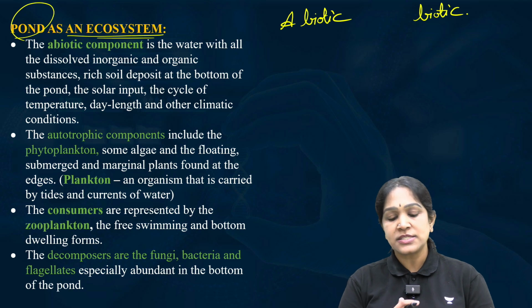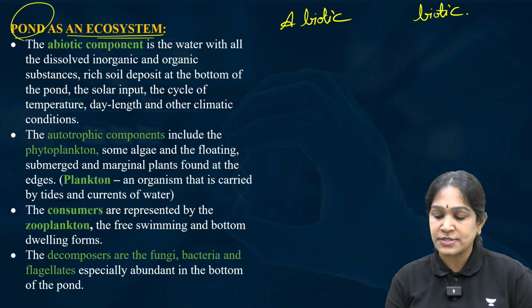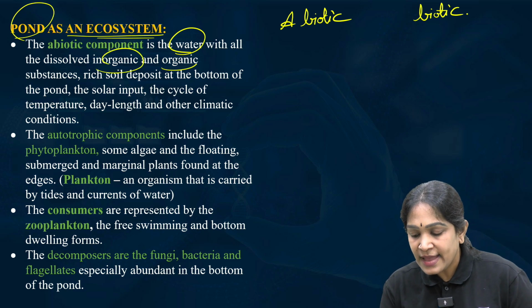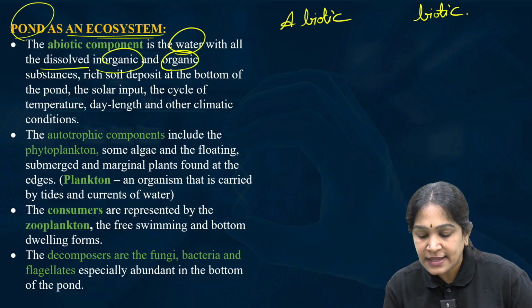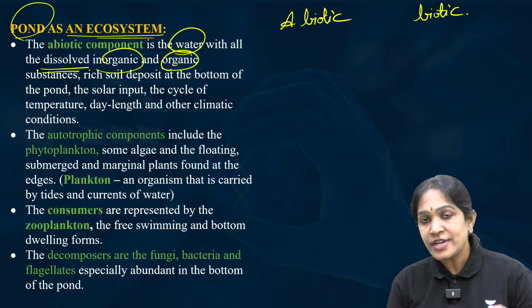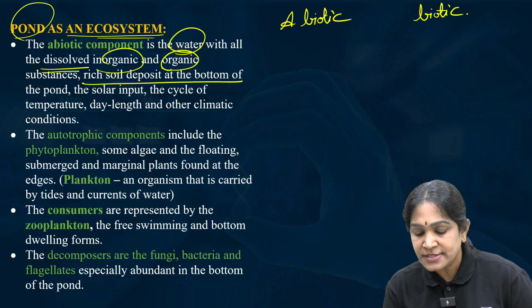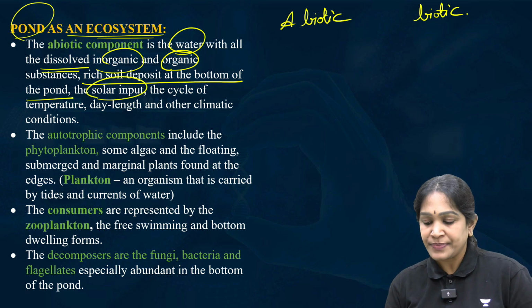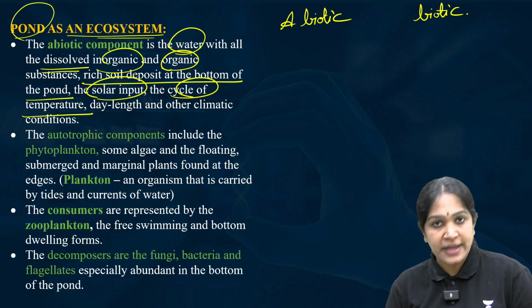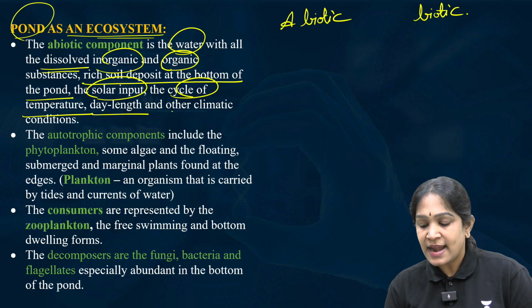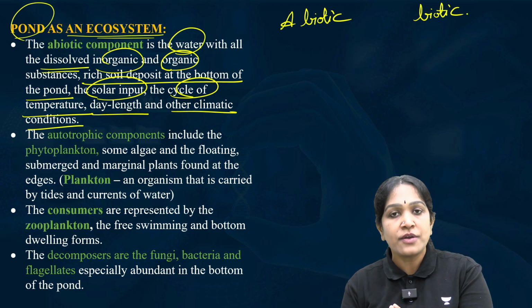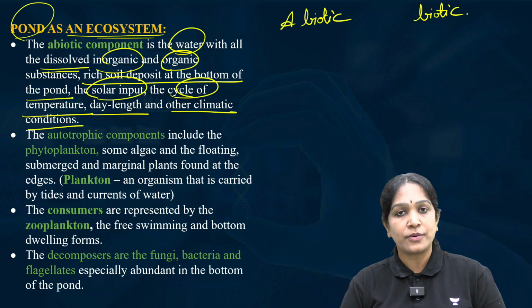In the pond ecosystem, the abiotic component includes water, the organic and inorganic material dissolved in that water, the nutrient-rich soil deposited at the bottom of the pond, the solar radiation, the cyclical variation of the temperature, day length, and the other climatic conditions. Means everything which is not a part of the living organisms is called the abiotic component.